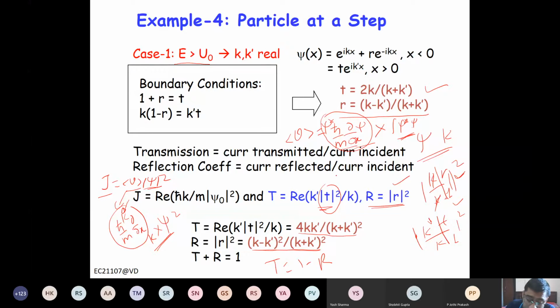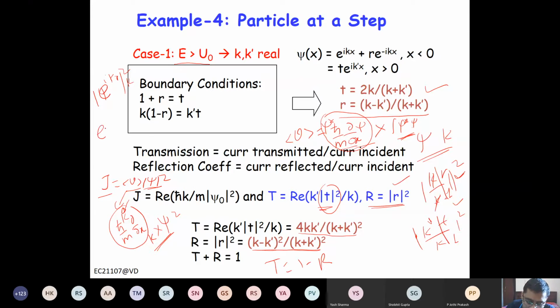So the incident wave is psi, e to the power iota kx. Its magnitude square is 1, times k. So this is the incident current.